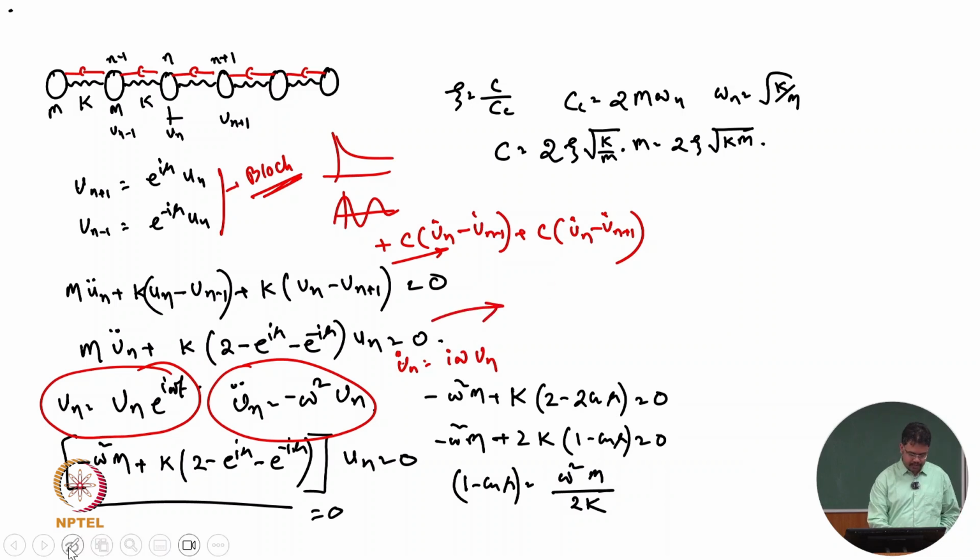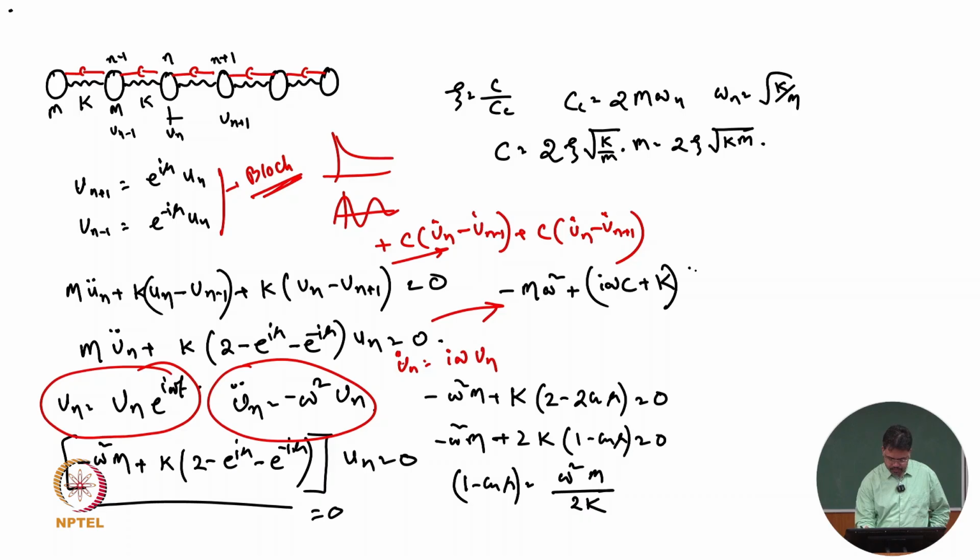This equation can be written as m omega square plus i omega into c plus k into... So what you can see, instead of k only, we will put k plus i omega c.